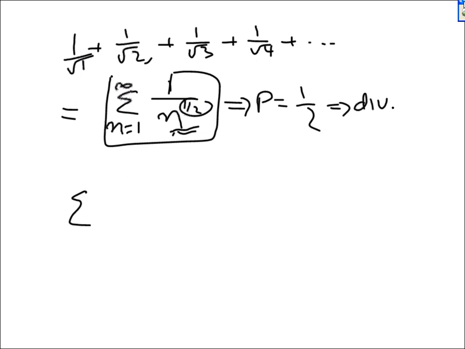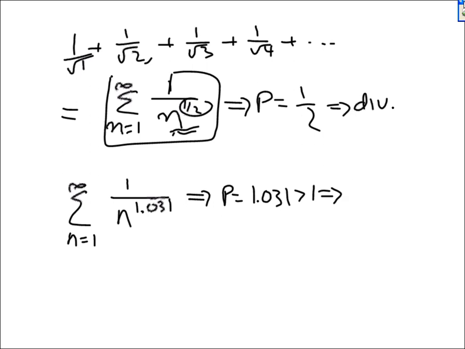You have the summation of 1 over n to the 1.031, that then goes from 1 to infinity. This implies that p is 1.031, it's bigger than 1, which implies it converges, the p-series.